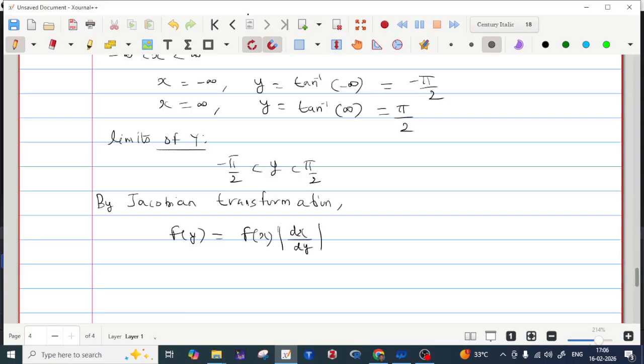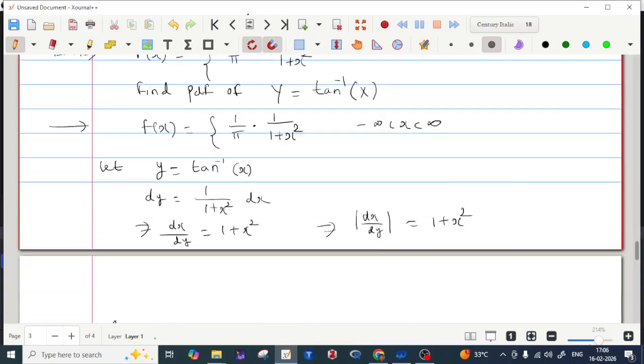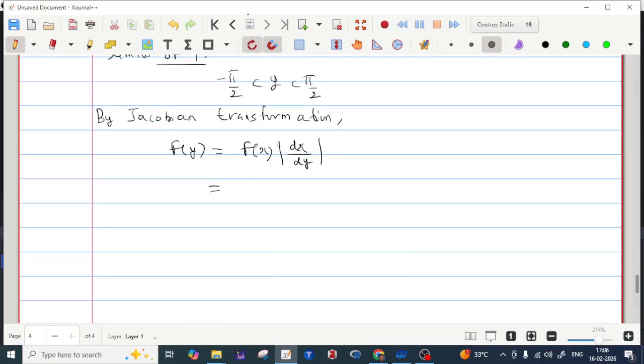This is the formula. Put the values. f(x) is 1 upon pi into 1 upon 1 plus x square, multiplied by mod of dx upon dy, which is 1 plus x square.